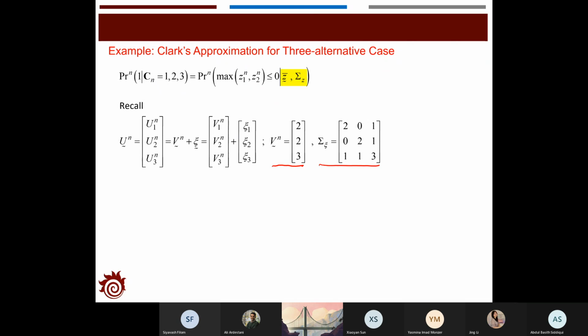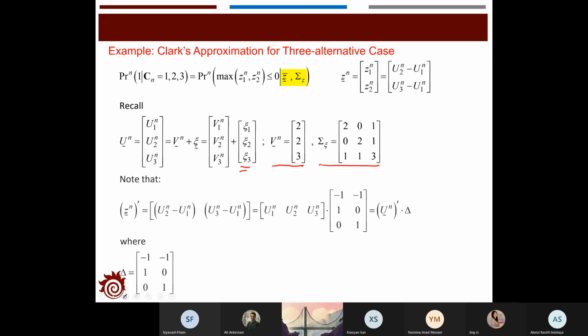We also have the covariance matrix for the random variables, and with that we can build the relationship between z and the 3 random variables, which will be mu times the matrix delta. Z will actually equal mu times delta. Delta would be -1, -1, 1, 0, 0, 1.